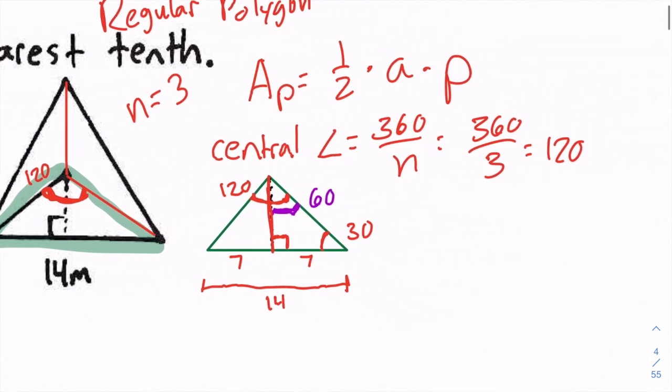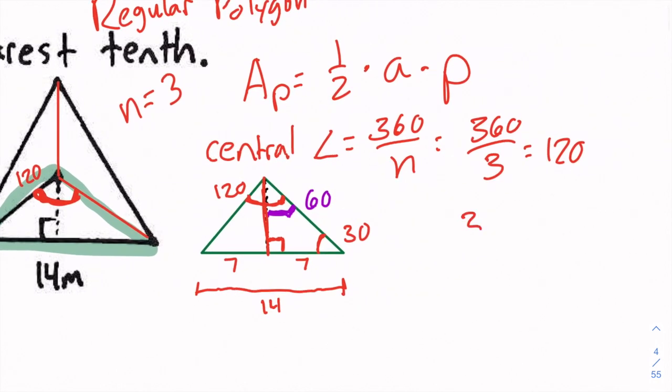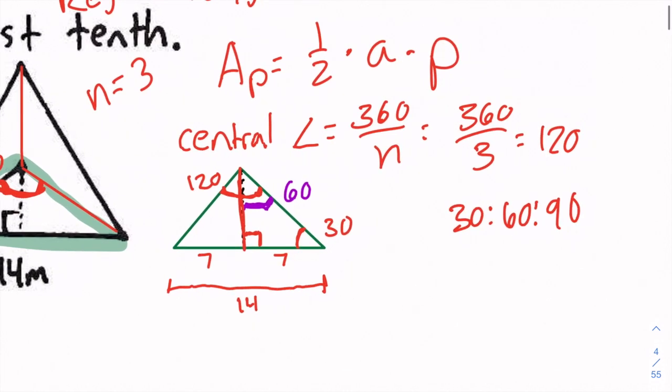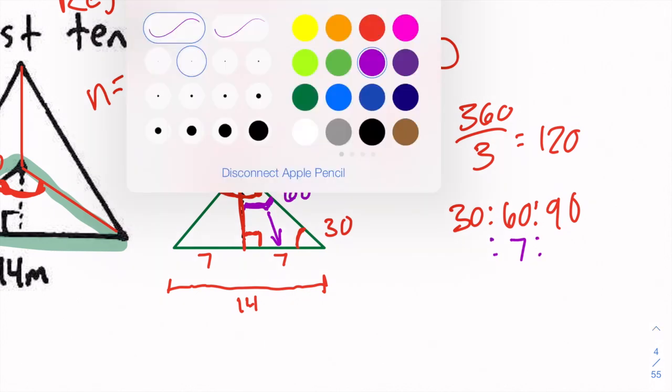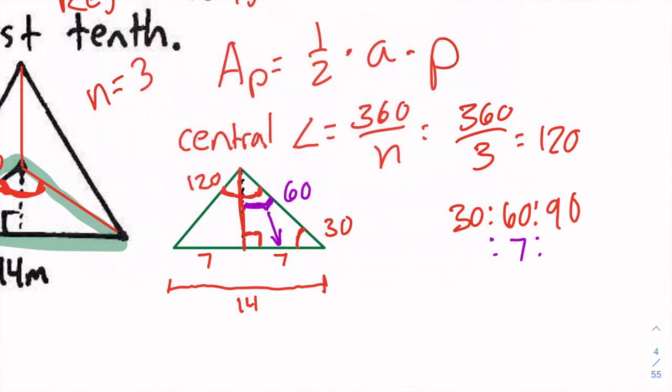All right, so now we're going to work with our 30, 60, 90 again. Our goal is just to find that apothem right there. So we know the side opposite that 60 is 7. So how do I go from 60 to my 30 degrees? I'm going to divide by radical 3.